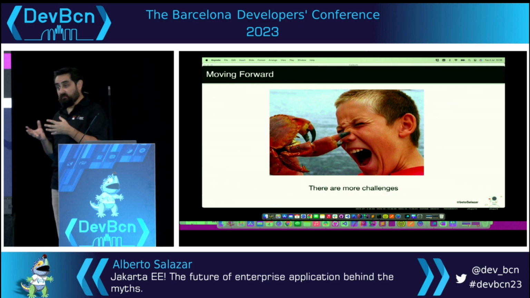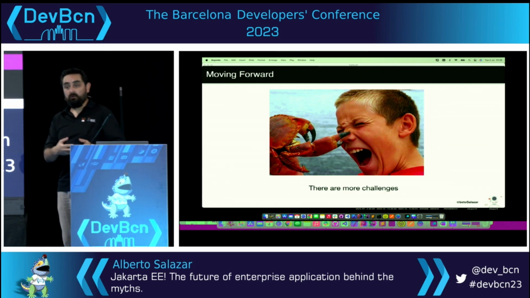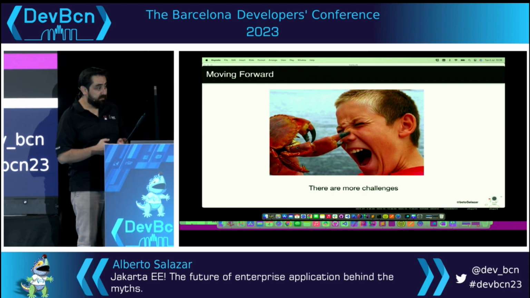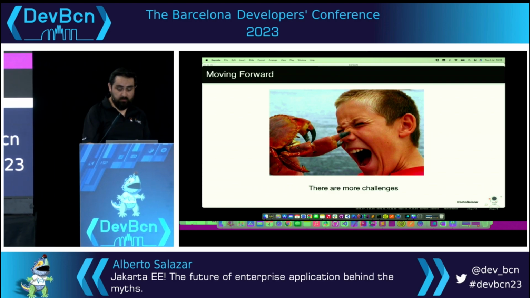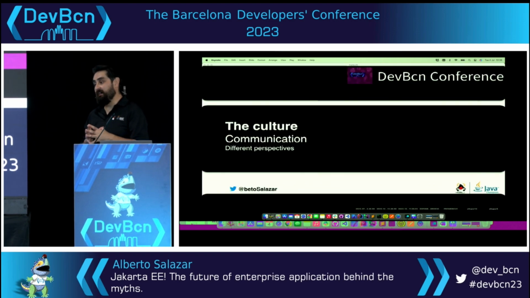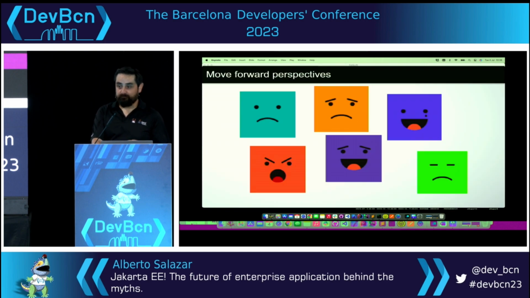But this is not all. One thing is the code, one thing is the architecture and the tools, but what we also embrace in these kinds of projects is that we have communication issues, the culture. The people that are behind these applications are different.